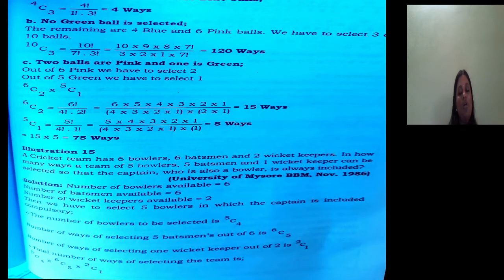You are going to select 4 bowlers because the captain is always there, no? You cannot select all 5. So 4 bowlers out of 5 bowlers, because one is already selected, he is the captain. So 5C4. Then as far as batsmen, you need to select 5 out of 6. So 6C5. Then there are 2 wicket keepers.